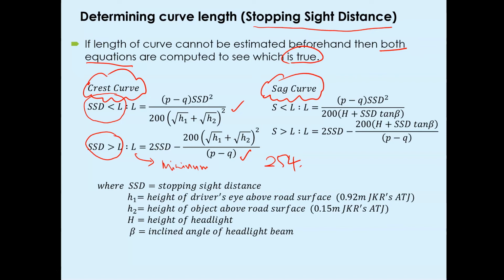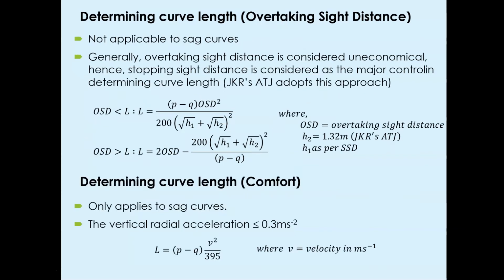Next, if the controlling factor is overtaking sight distance or passing sight distance, as I mentioned earlier, OSD is considered uneconomical.